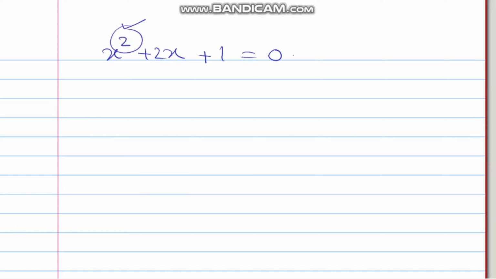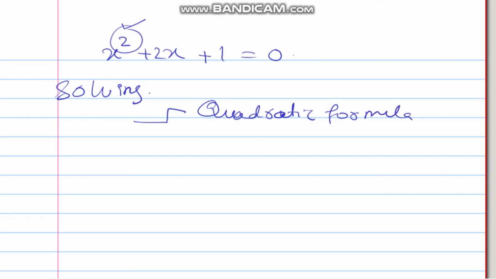So if you solve them by factorization, how many methods are there for solving? Two methods are there. One is the quadratic formula, and another one is factorization. Whichever is your choice of method, you will get two solutions.